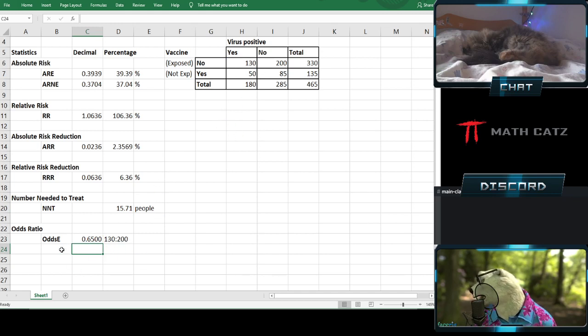So I like to write the odds as well in sort of the original form, to help myself, and the odds of getting the virus while receiving the vaccine as well is 50/85.